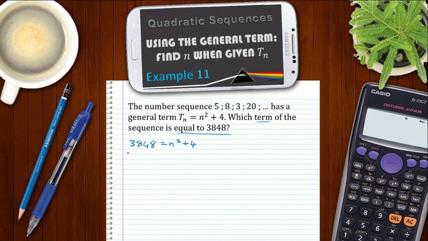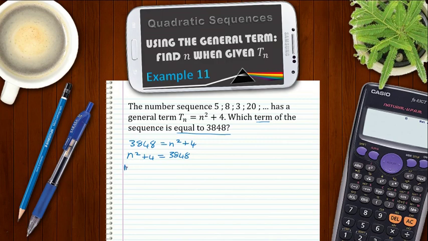So I'm just going to swap this around, saying n squared plus 4 is equal to 3848, just to get my variable on the left-hand side. Now, there's actually two ways to solve this. We can take the 4 over to this side and square root both sides. I think a lot of people prefer that, but since I'm in the habit of bringing everything to one side when I see quadratic equations, I factorize.